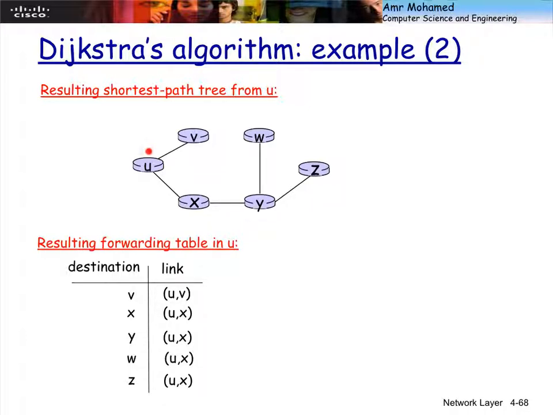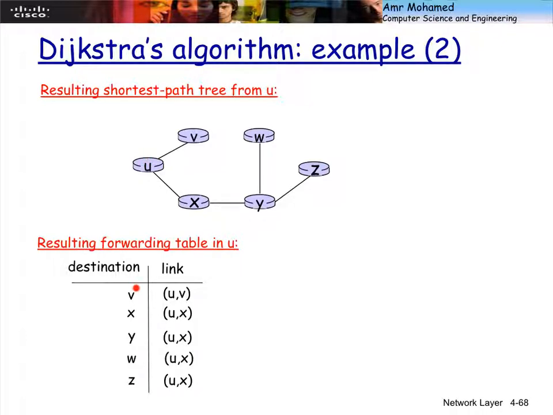So from U, the only two possibilities I have are either to go to V or go to X. That's the forwarding. So in order to reach any node, I need to know whether I need to forward to V or forward to X. This is how I construct the forwarding table.